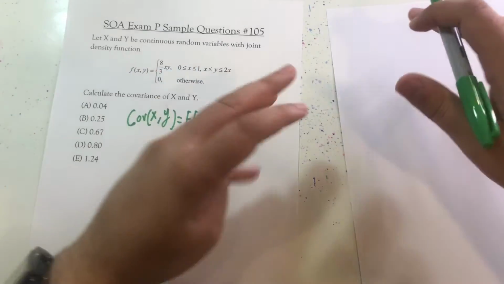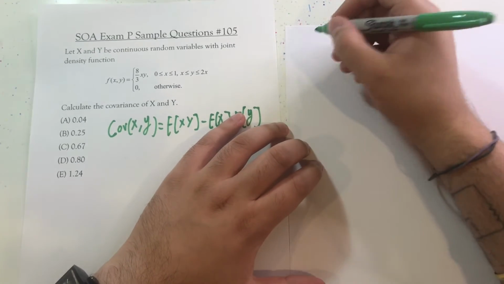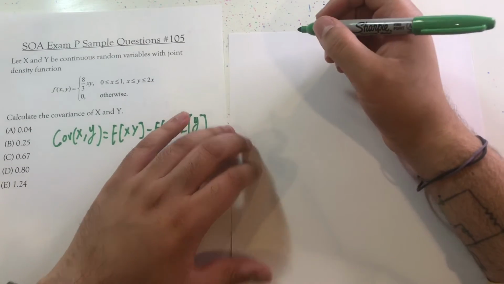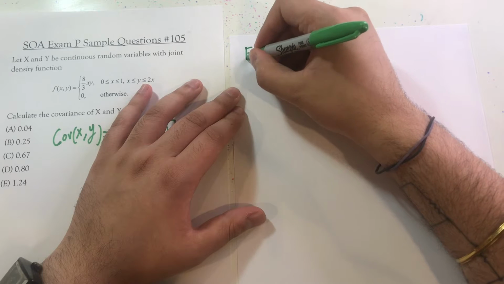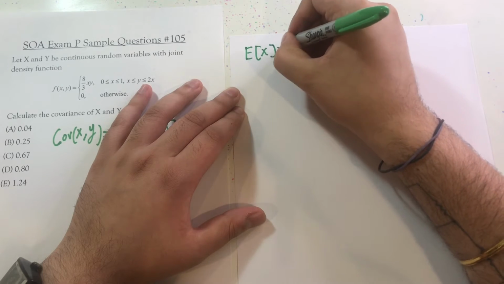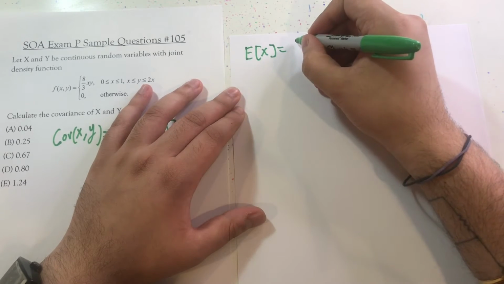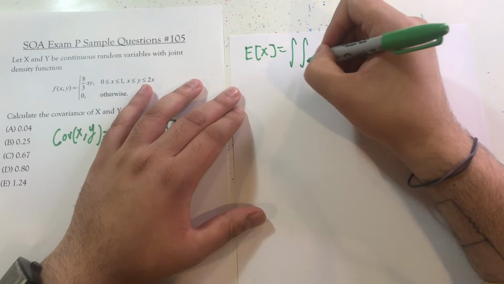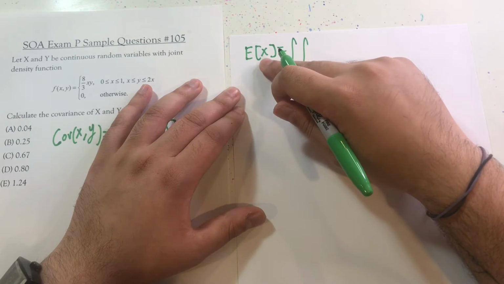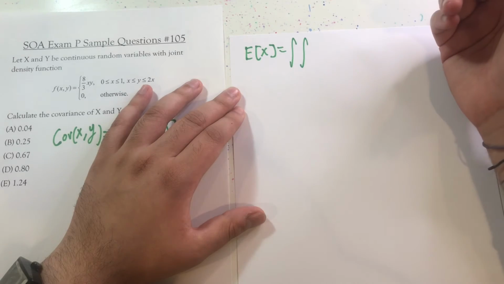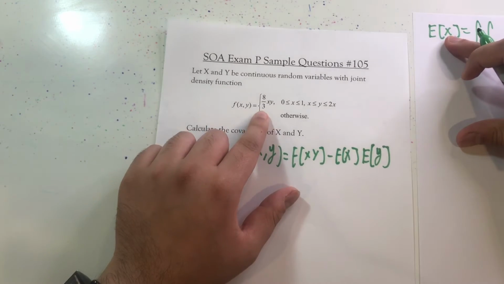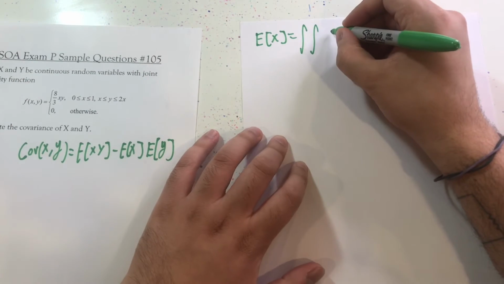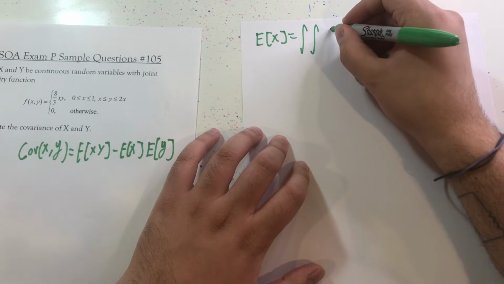Right? So let's start with calculating the expected value of X. Yep. So the expected value of X should be equal to, integrating, right? What am I integrating? It's the thing inside the expected value with the density function. X multiplied by 8 over 3 xy is going to be 8 over 3 x squared y.